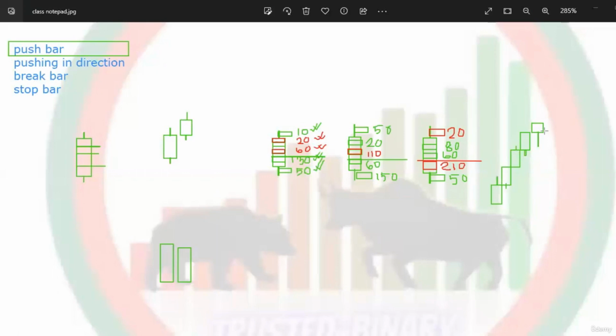In this market condition, in this area the volume is like 150, and the bullish candlestick volume by the buyer side is now like 80.